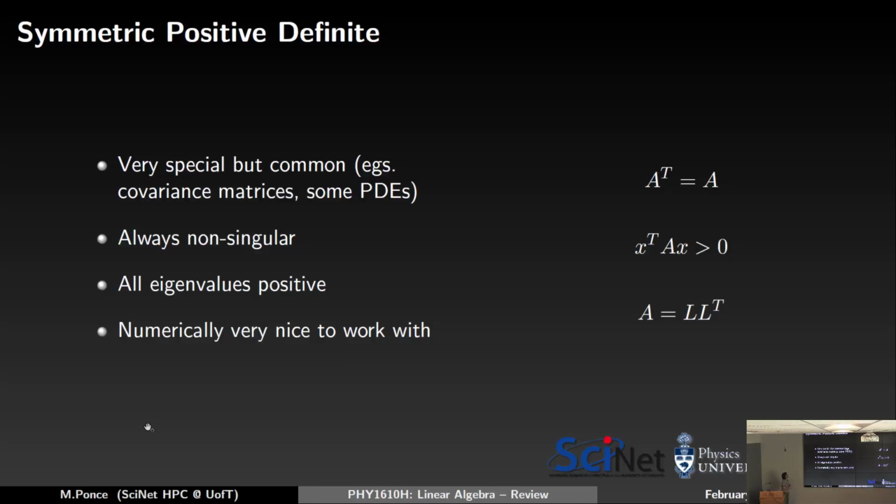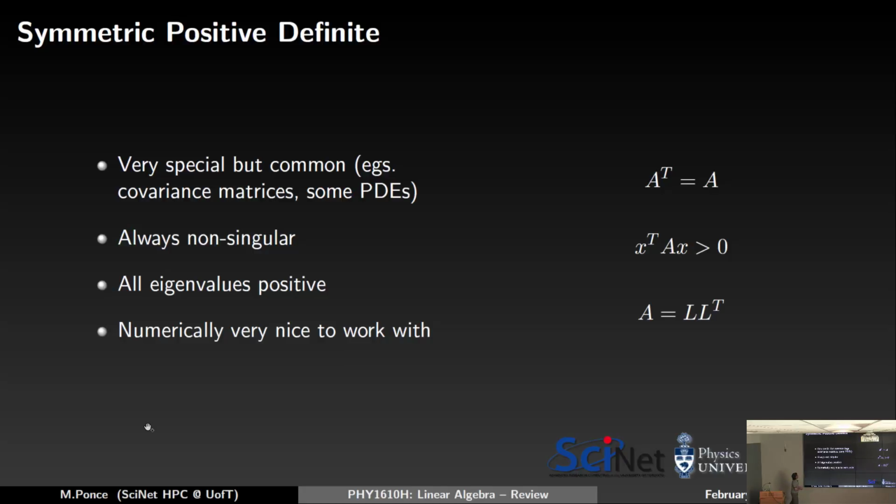Within the category of symmetric matrices, there is a particular type which is called symmetric positive definite. These are very common because of the way they are generated: they appear when you do PDEs, like the stencil, or when you compute covariance matrices or correlation matrices. A nice property is that they are always non-singular, because you can prove that the determinant is greater than 0.